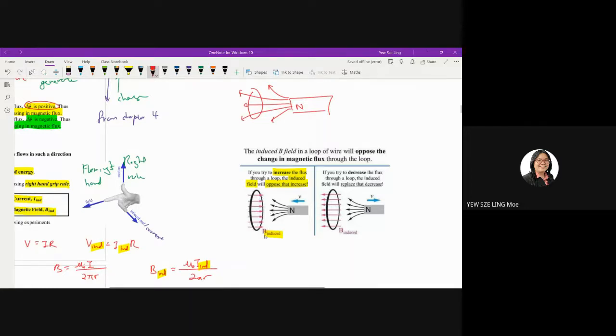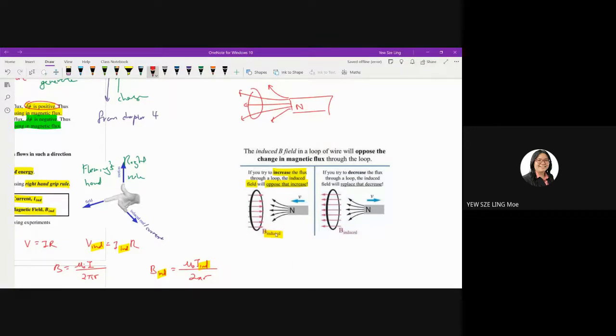So what is going to happen? Induced B will be generated in the opposite direction to cancel out the number of lines that you try to add to the coil. Kalau kamu nak tambah 2 line, mungkin dia akan cuba untuk cancel out those 2 lines. So B will be generated in the opposite direction.